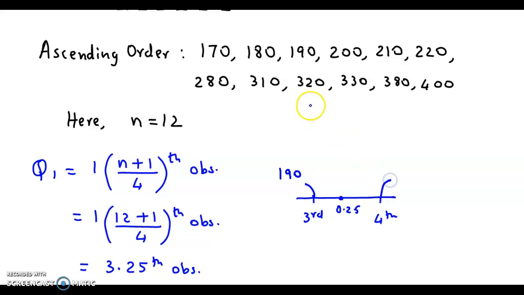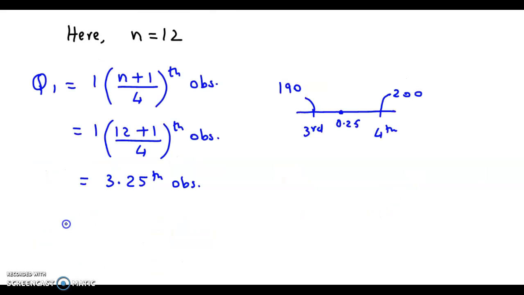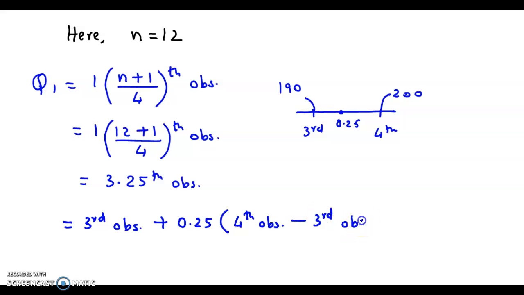The fourth observation is 200. Now in such cases what we do is we split this as the third observation plus 0.25 into the difference between these two, that is fourth observation minus the third observation.